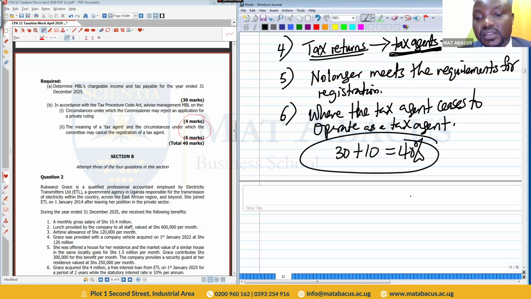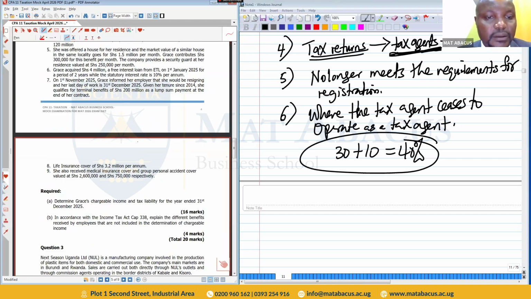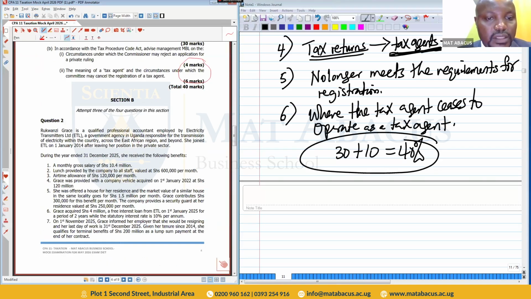So this 40% would add onto what you would get in section B in a bid for you to score the minimum marks to make you pass this paper, which is 50%. Now that is number 1. Basically that. So we're going to look at number 2 briefly.